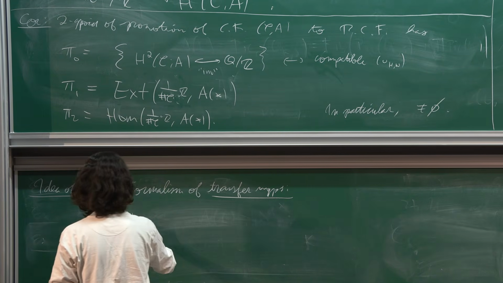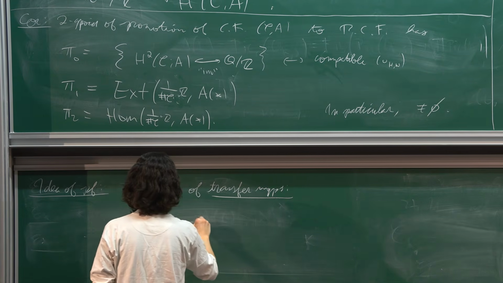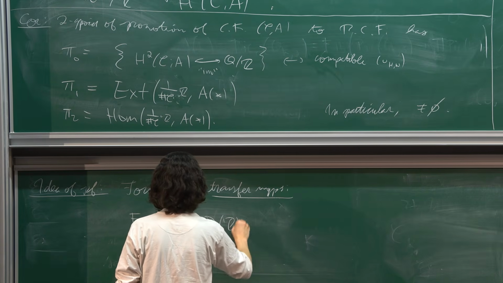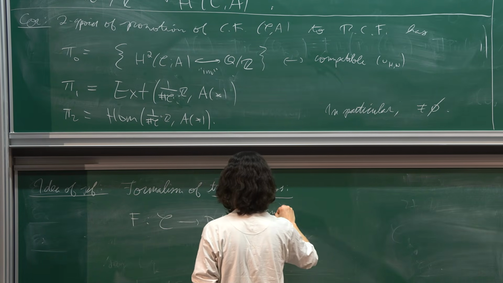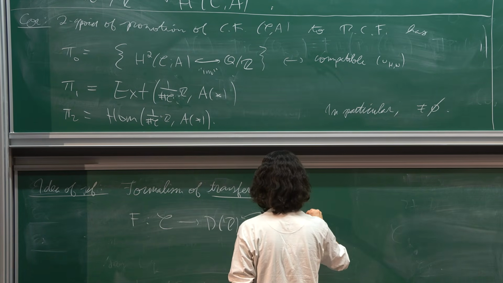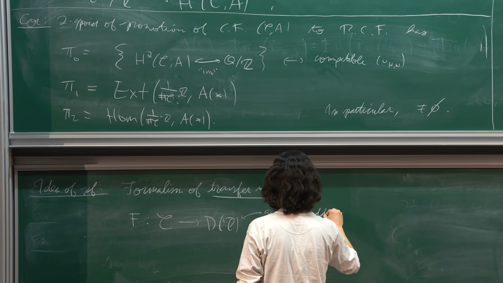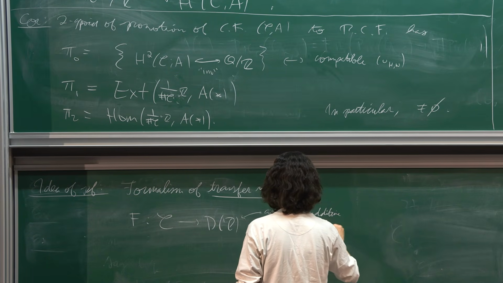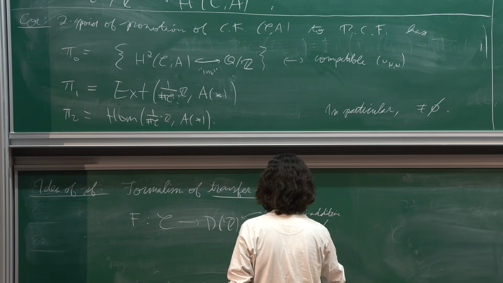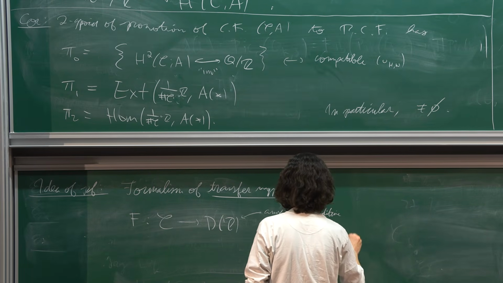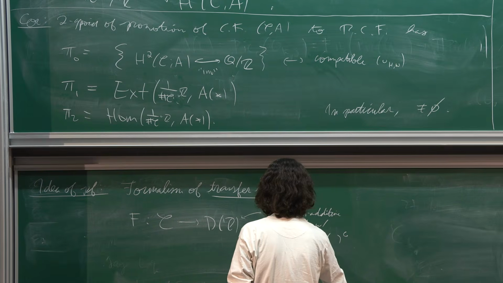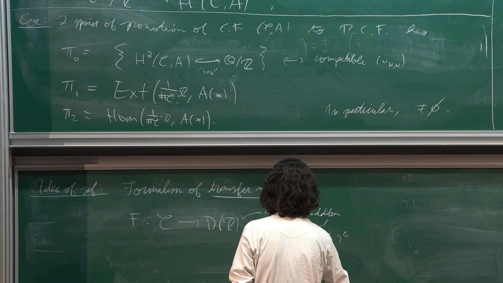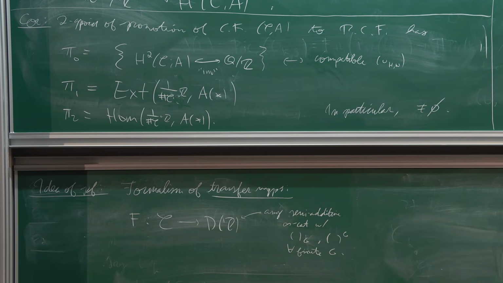So if f is a functor from C to D of Z, well, really this could be any semi-additive infinity category which admits orbits and fixed points for all finite groups G, but let's stick to this example.